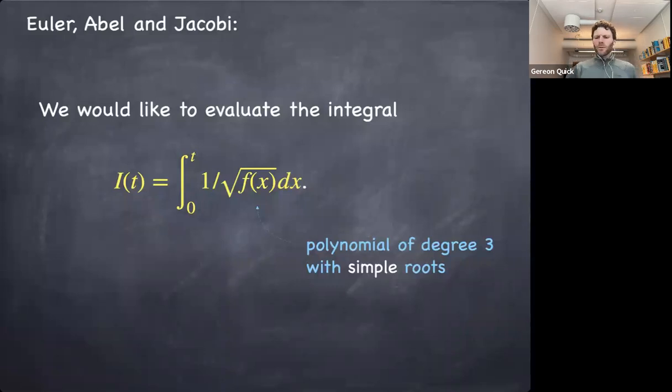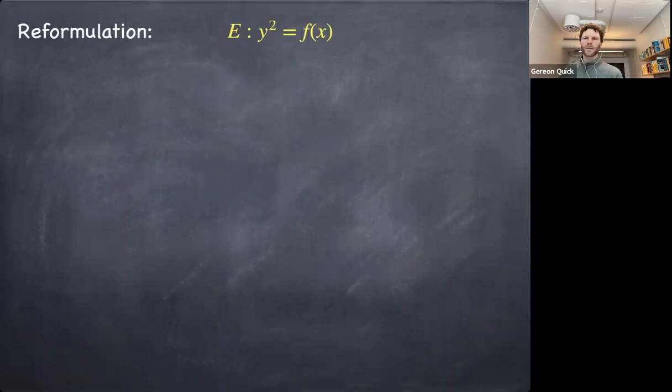Of course, you all know that there's usually not a simple formula for doing this, but it's a good idea to invoke some geometry in order to study this question. So one modern reformulation would be to introduce a new variable y, and then look at the equation y squared equals f of x, because remember, we wanted to look at the square root of f of x.